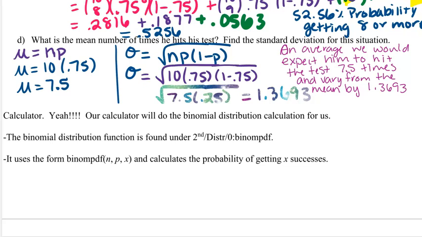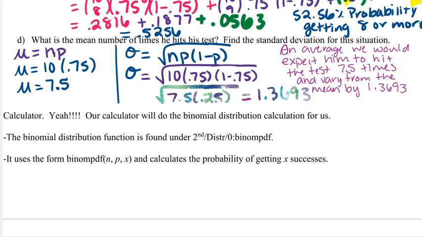Okay, so the calculator is really awesome. I'm not gonna lie, but it also kind of sucks sometimes because it's a little tricky. Okay, so yes, our calculator will do the binomial distribution calculation for us. We love that. We don't want to go in and do 10 choose 8, 10 choose 9, 10 choose 10, because some of these problems get really crazy, especially some of the ones that you're going to do on your homework.